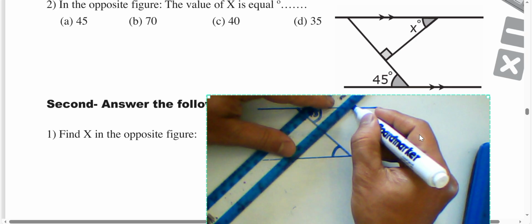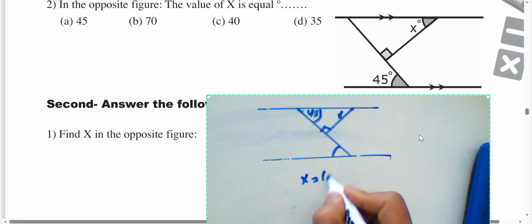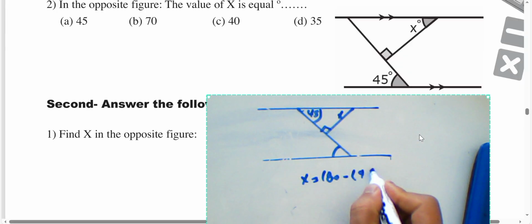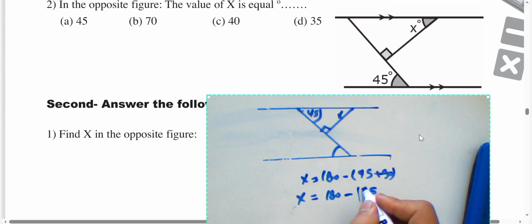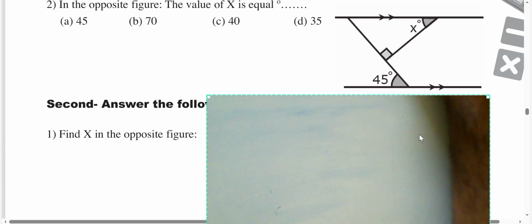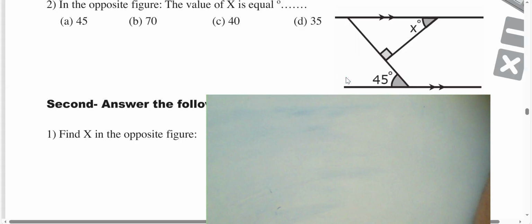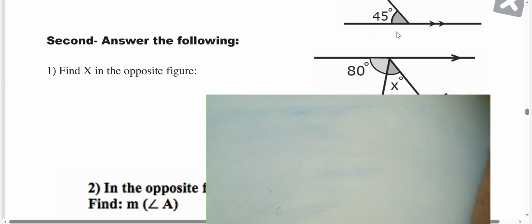Then we can find the measure of angle X equals 180 subtract 45 plus 90, right, equals 180 subtract 135. The difference between them will be 45 degrees. Okay, again we have 45, then the measure of angle X will be 45 degrees.